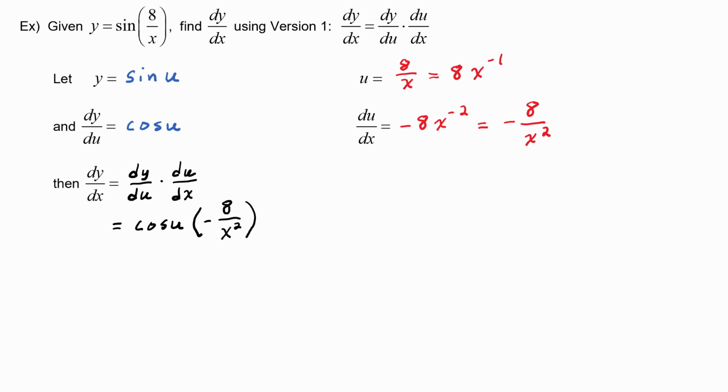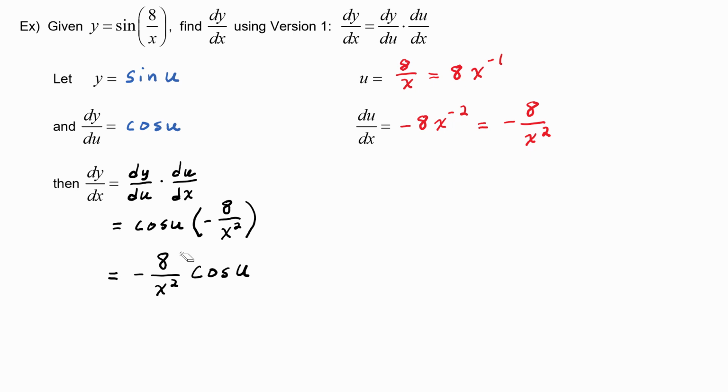Now, to avoid confusion, any function that's not part of the trig function, I suggest you bring it out front. So this would be negative 8 over x squared times the cosine of u. Because one of the common errors that students make is that they think they're taking the cosine of u times this other function. So to avoid that confusion, take that function, write it out front.